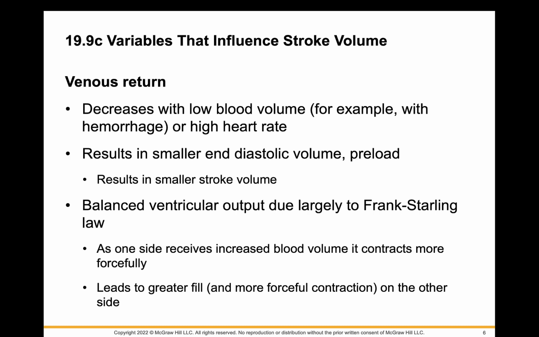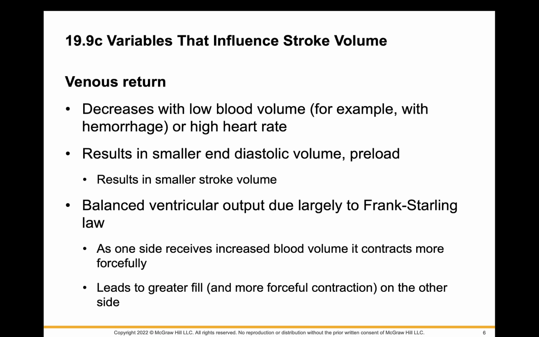Now, we talked about balance, and it is the Frank-Starling law of the heart that is ensuring that this balance between the ventricles is taking place. As one side is receiving a little bit more blood volume, it's going to contract more forcefully. That leads to greater fill and more forceful contraction on the other side. So this is making sure that we have that ventricular balance that we talked about previously.